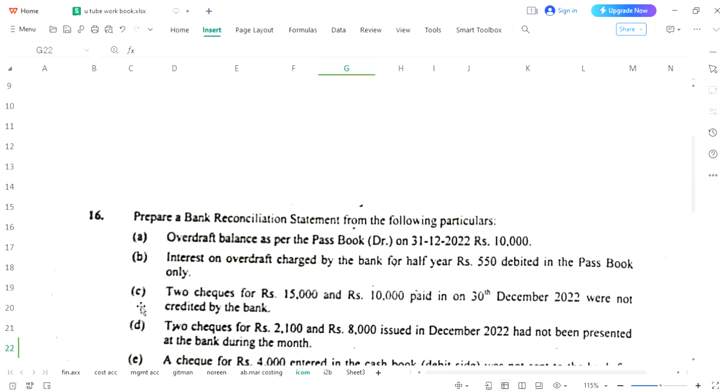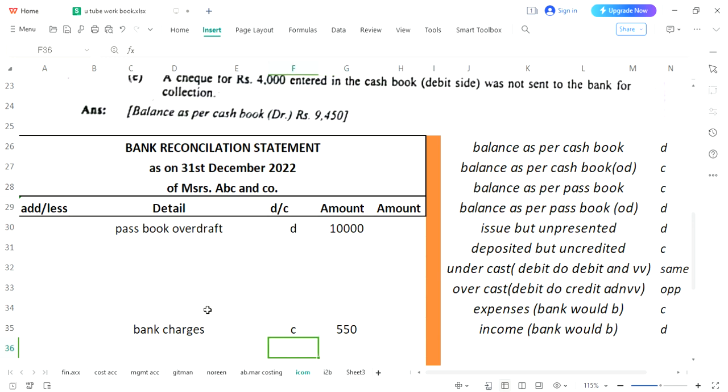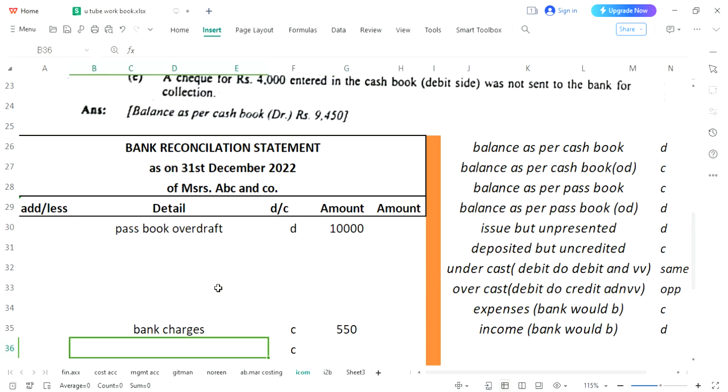Now the next entry is saying two checks. This is the first time this entry has arrived in any question. There are two checks, 15,000 and 10,000, paid in. Please underline this word, paid in. The synonym of paid in is deposited. Under deposited, we search for not credited or uncredited. Let's see, December 22 were not credited. So we have seen the direct word. When there is not credited, it should be credit.